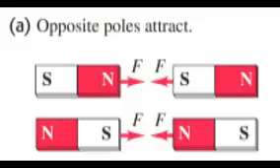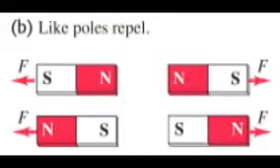If a bar-shaped permanent magnet, or bar magnet for convenience, is free to rotate, one end points north. This end is called the North Pole or N pole. The other end is the South Pole or S pole.